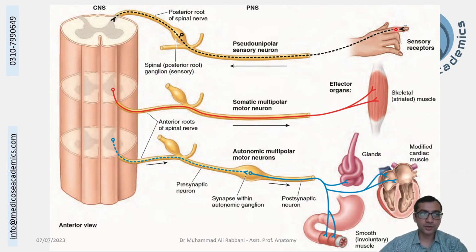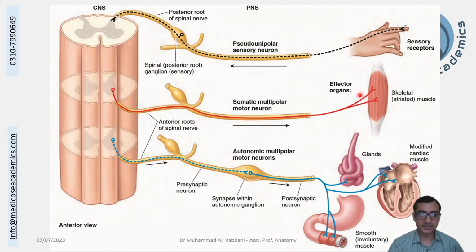There is a similar situation with all the somatic motor fibers. There is a cell body in the central nervous system, in the anterior horn in the spinal cord, and in the motor nuclei in the brainstem. The axon exits and runs all the way to the skeletal muscle, with no interruption.